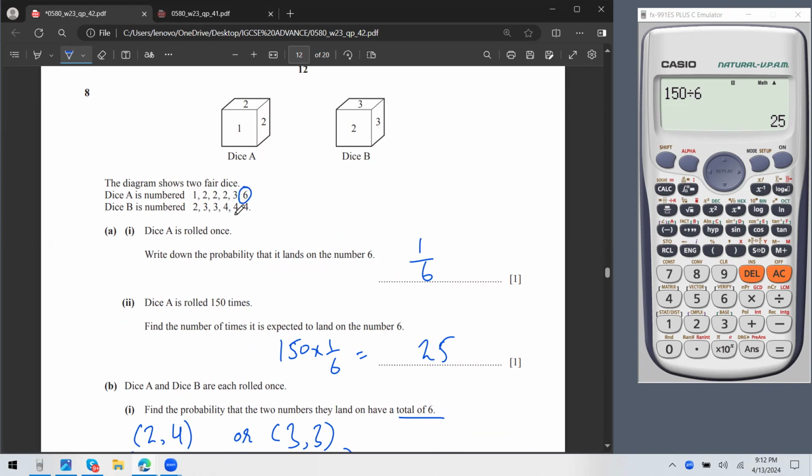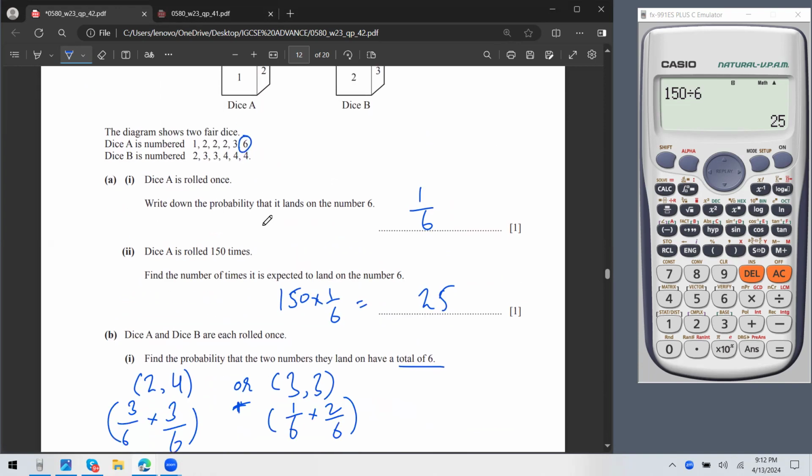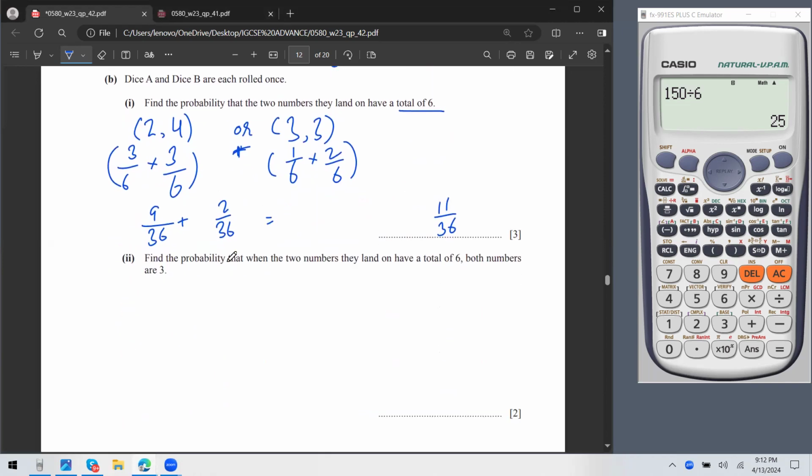So you can have a look. These are the two dice. They are different kinds of numbers, not just 1, 2, 3, 4, 5, 6. Now we can move to B part. Find the probability that when the two numbers they land on are both 3, given they have a total of 6. That means this is a conditional probability. They already have a condition that the total is 6.